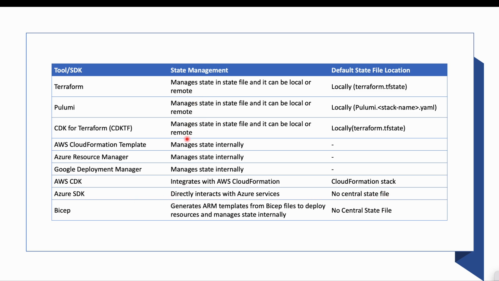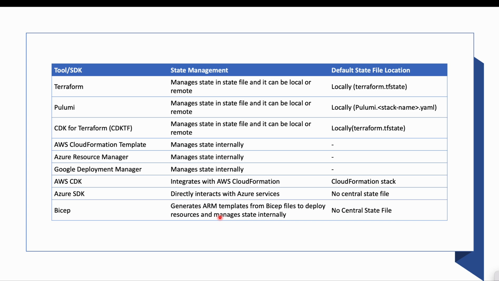If you compare with other tools, first they check the state file, and then they check the resource, and then they sync, and by comparing the state file and the target platform, they take the action. But Azure SDK directly interacts with the resources. And Bicep, yeah, it uses a domain specific language.